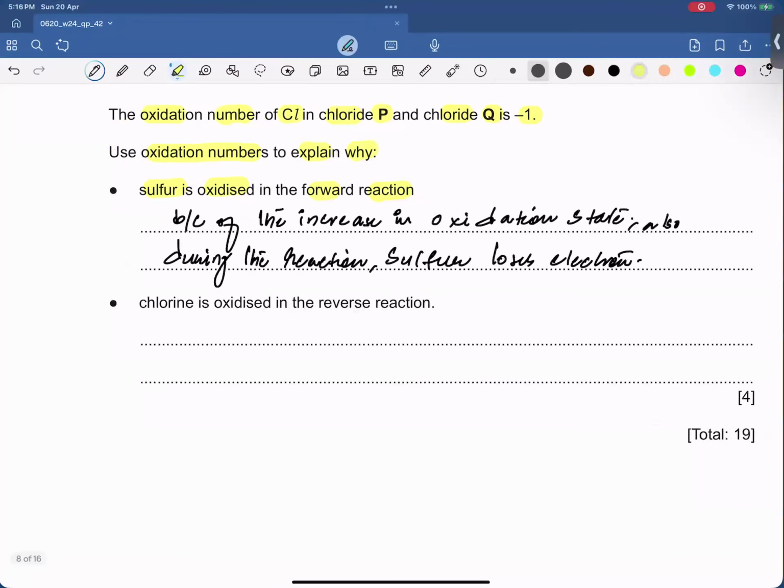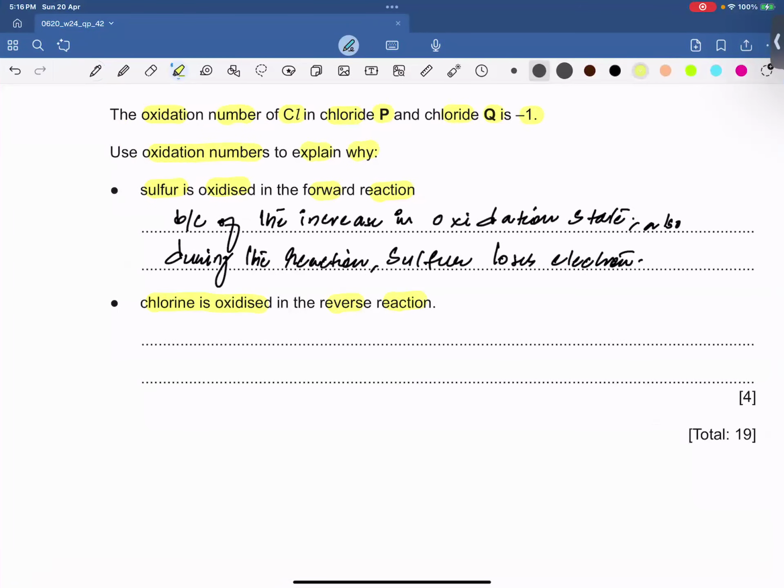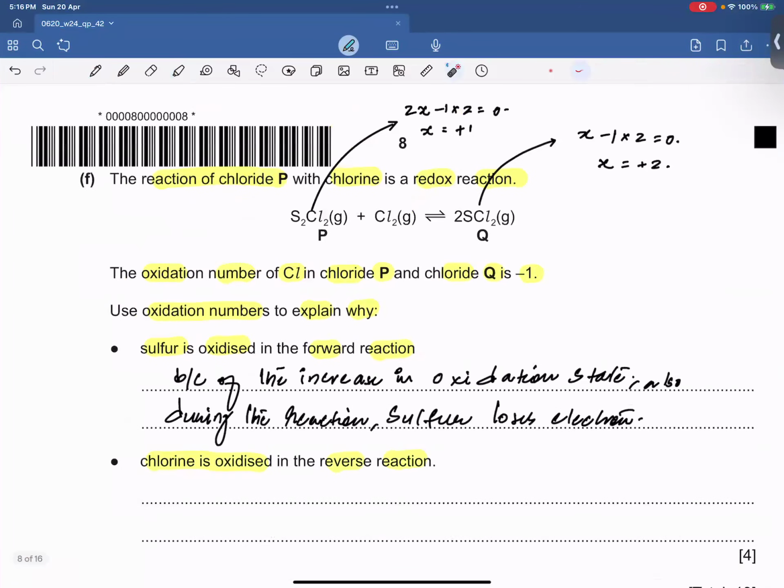Chlorine is oxidized in the reverse reaction. Over here, the charge of chlorine is -1, and over here the charge of chlorine is 0. So -1 to 0 is an increase in oxidation state, which means the process is oxidation. And if oxidation takes place, then loss of electron also takes place.